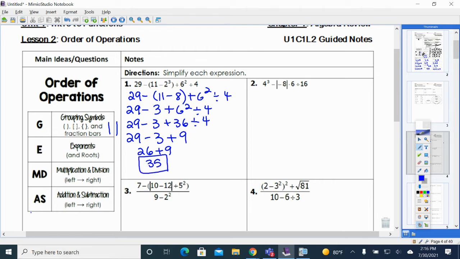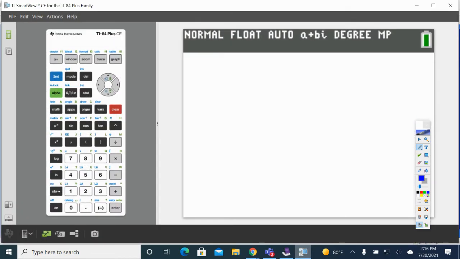Real quick, I do want to show you that you can use the calculator to do this. If I just put that problem in the calculator exactly the way it looks. So that was 29 minus parentheses 11 minus 2 cubed. To make the cube, you use the up arrow above the divide sign.